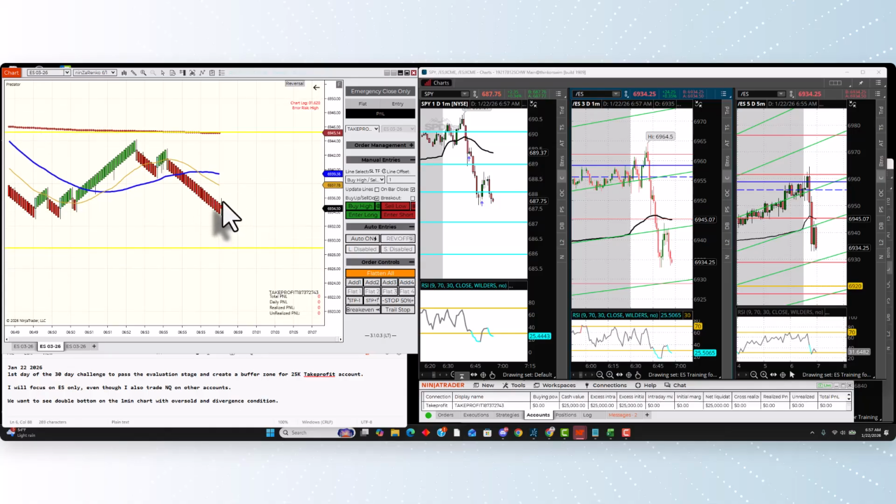See, when you get these wicks here, if it breaks below here, that's a pullback, and then it's going to go down.